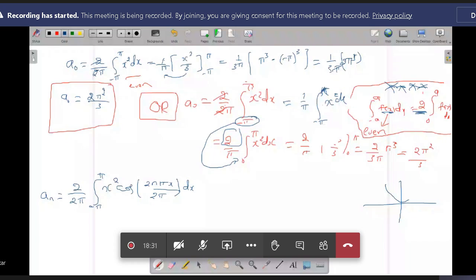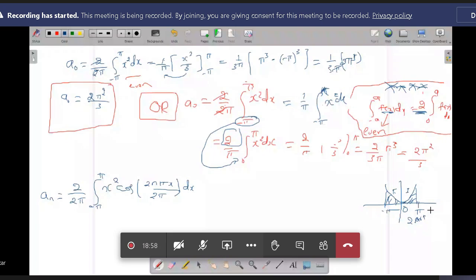Since it is an even function, whatever the area on the left side of the origin is the same as on the right side of the origin. So this is one part and this is another part, and both parts are the same. So when you find the total area in the interval minus pi to pi, this is nothing but 2 times either part of the area, either the left side of the origin or the right side.